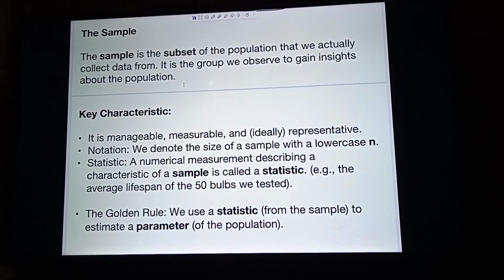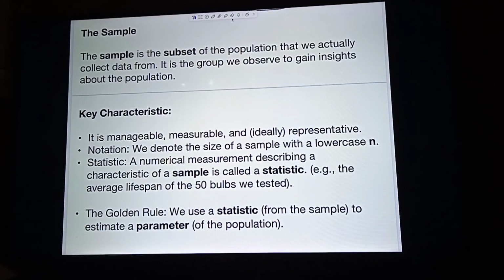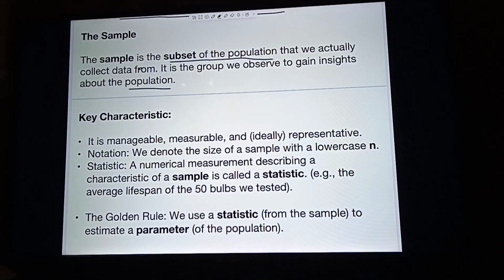Okay, the sample. The sample is the subset of the population, a small part of the population, but a representative part, a subset of the population that we actually collect data from. It is the group we observe to gain insights about the population. That is, we want to know about the population with the help of a sample, because we cannot study the population as easily as we study a sample.